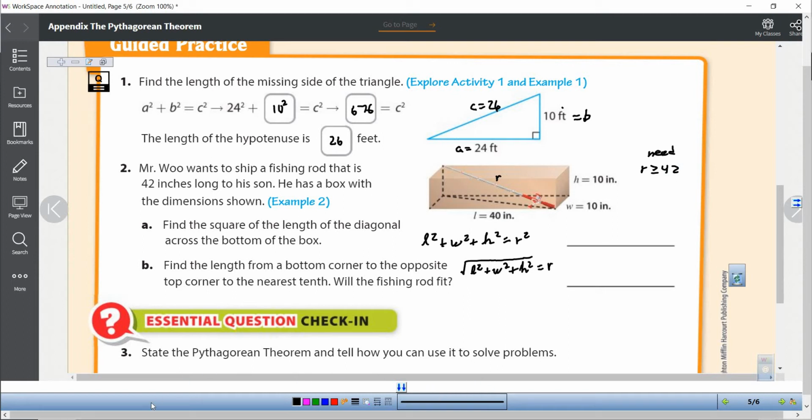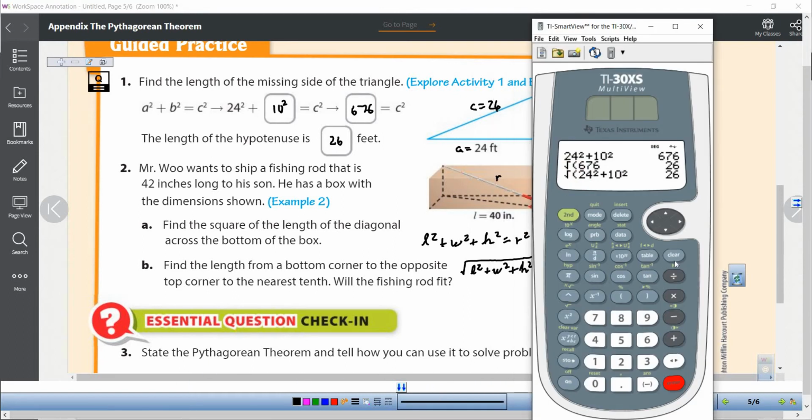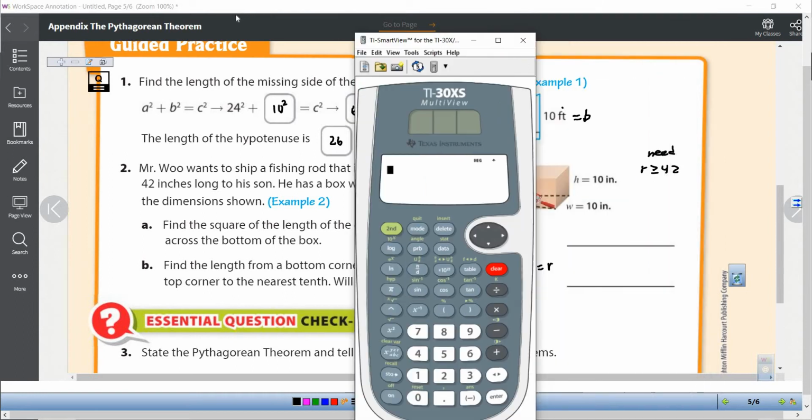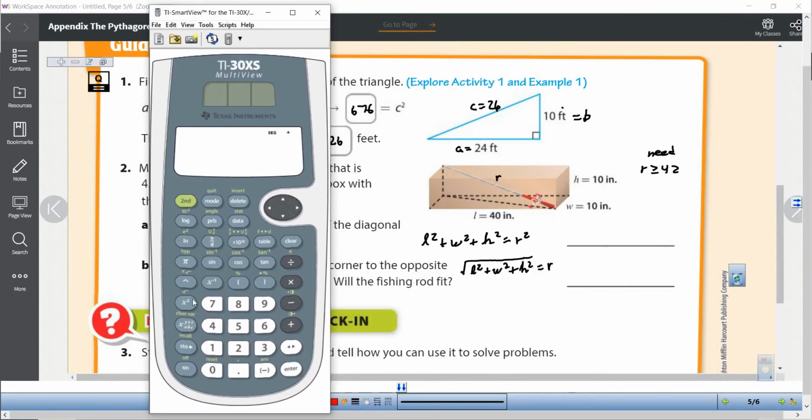All right, our ever helpful, handy dandy calculator. Here we go. I'm going to start with the square root symbol. And I'm going to put 40, and I'm going to square it. That's my length squared, plus my width is 10, squared as well, plus my height squared is 10. And I'm going to go ahead and close out those parentheses.